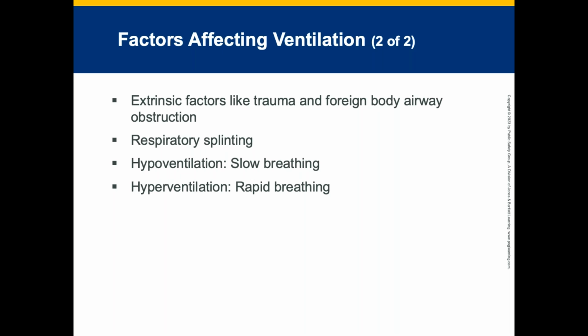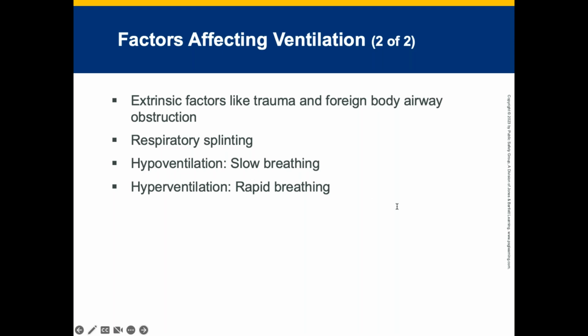Hypoventilation or slow breathing, carbon dioxide production will exceed the body's ability to eliminate it, which will see that high number, right? Hypoventilation, high number in carbon dioxide, right? Where carbon dioxide elimination is depressed to the extent that it will no longer keep up with normal metabolism. Hyperventilation or rapid breathing, carbon dioxide elimination exceeds the carbon dioxide production, and therefore you'll have a lower carbon dioxide reading on end tidal.